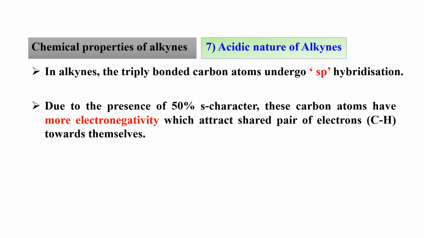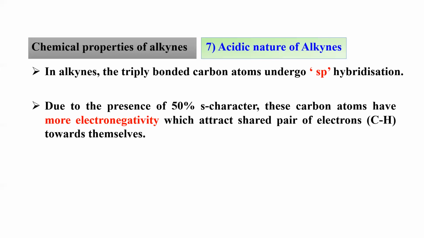Whenever there is sp hybridization, there is one s and one p, which means 50% s character, 50% p character. Due to the presence of 50% s character, these carbon atoms have more electronegativity compared to either an sp2 carbon or an sp3 carbon.